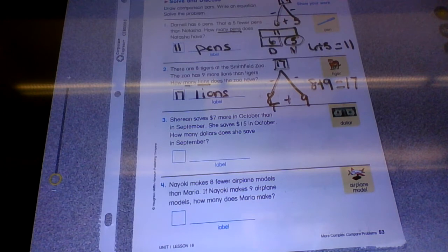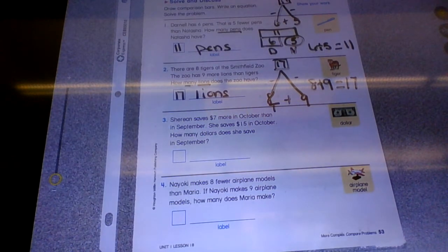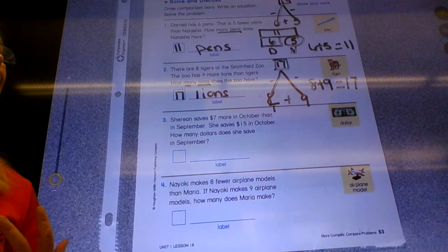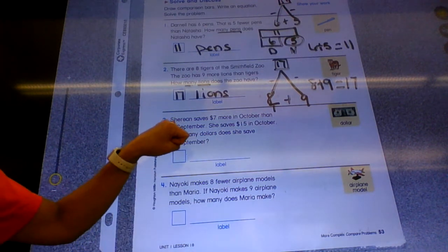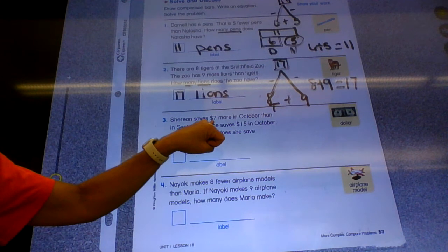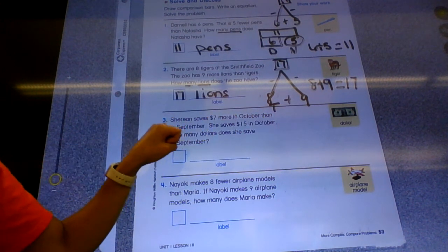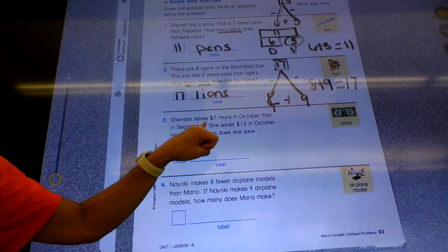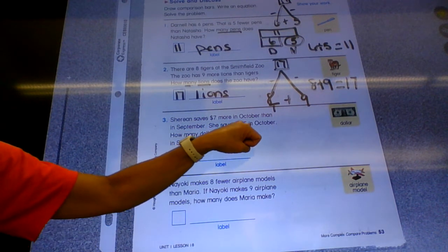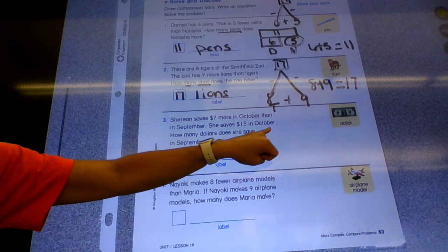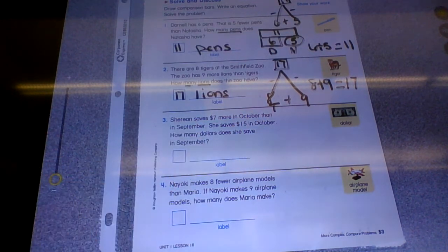This one's a complicated one. And sometimes even I have to read things to myself more than once and maybe even underline some things. Shireen saves $7 more in October than in September. She saves $15 in October. Sounds like we have a total. Okay, we have a total.